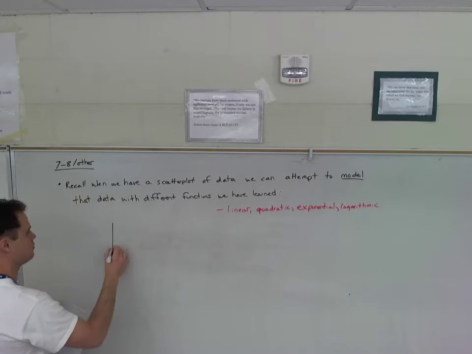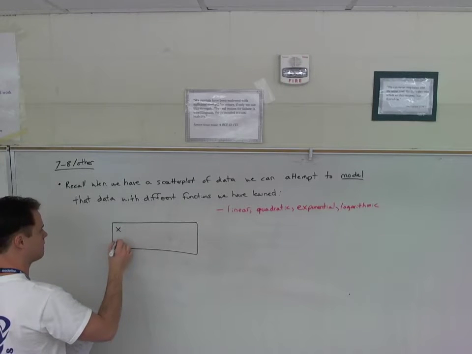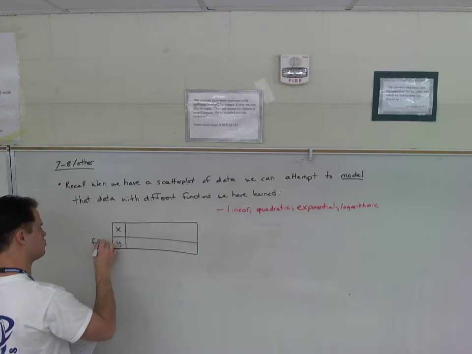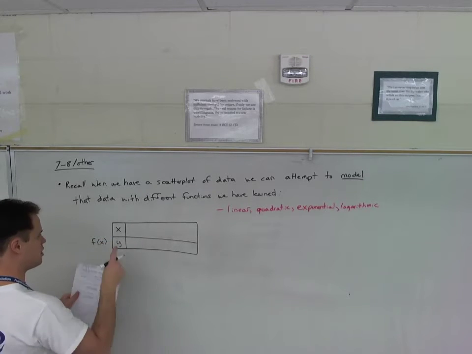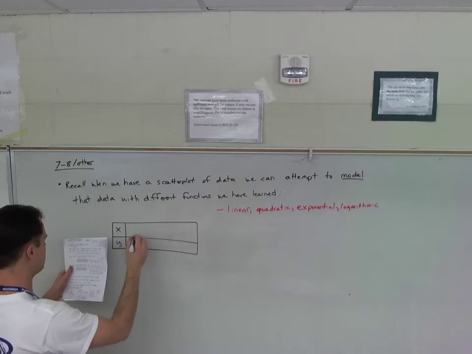So let's just try an example. And you're going to need your calculator, so if you don't have that out, make sure you've got it. You can call this x and y or x and f of x, same thing, right? Just different ways to think.